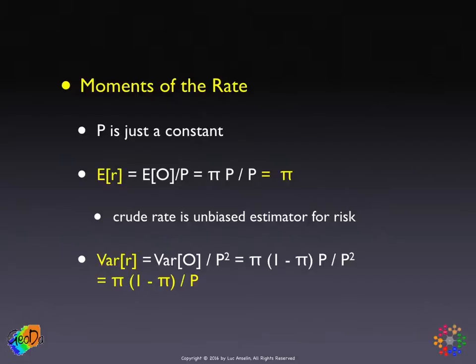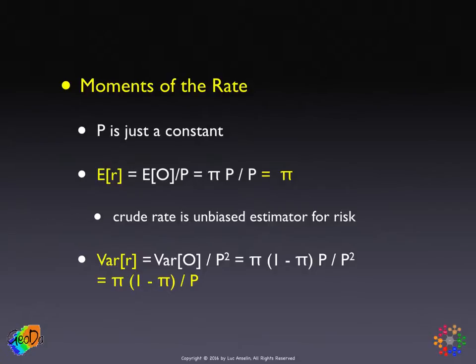So that is the result we had on the previous slide. Pi times 1 minus pi, the complement, times the sample size, p, divided by p squared. So now we see that the variance of the proportion, the variance of the crude rate, actually depends inversely on the size of the population.